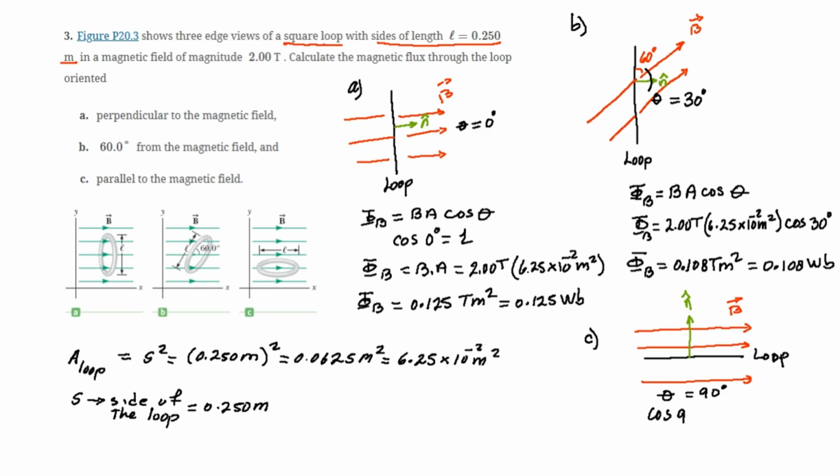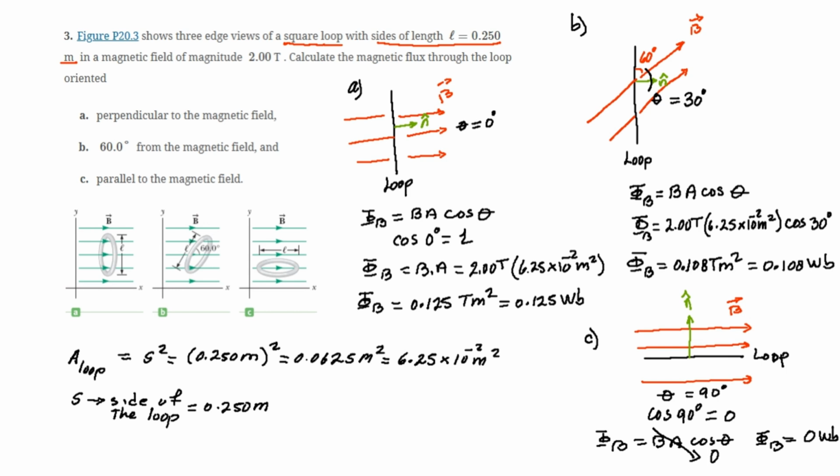So when you say that the magnetic flux here is BA cosine of theta, since cosine of theta is 0, this whole expression turns 0. So the magnetic flux through this loop is going to be 0.